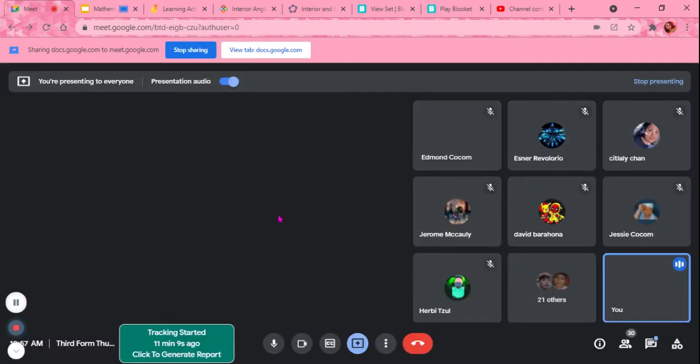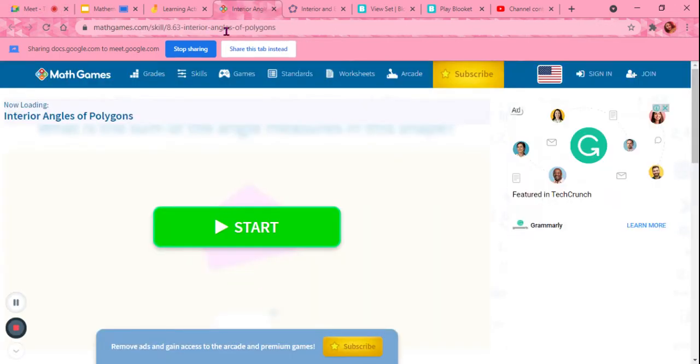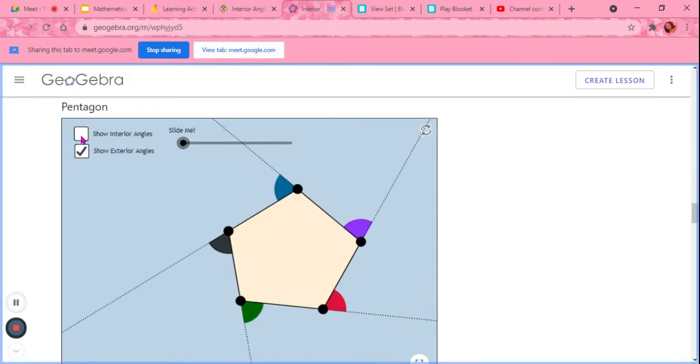Now, I'm not going to concentrate on theorem number 2 because it talks about exterior angles, but it basically means the same thing. It says the sum of the exterior angles of an n-sided polygon is 360 degrees. So let me show you guys this right here.